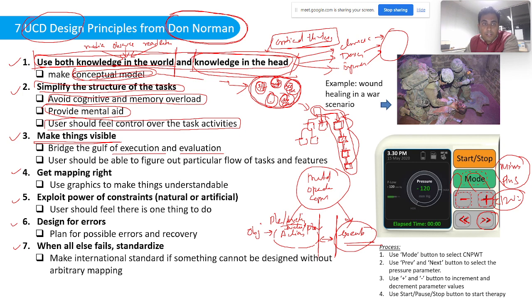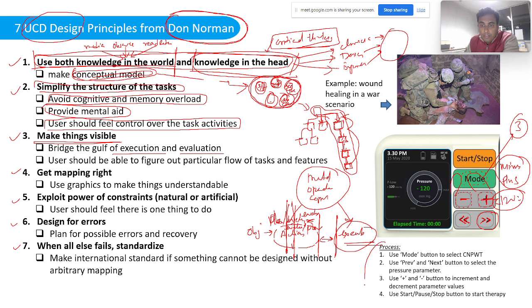Similarly, the gulf of evaluation is a gulf between planning and the evaluation phase. When you plan something, like I need to give this particular mode, I need to give a particular therapy, mentally I need to evaluate that these are the ways I will be operating. I will first select the mode, then start.